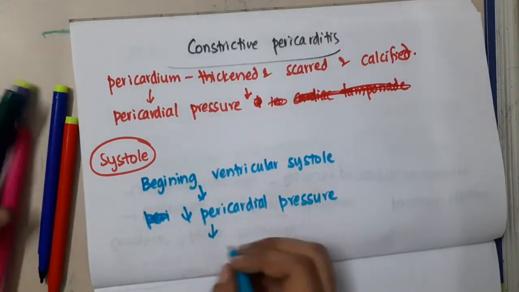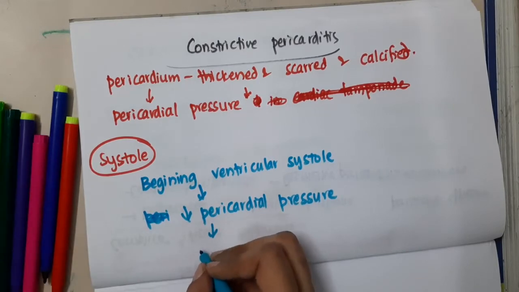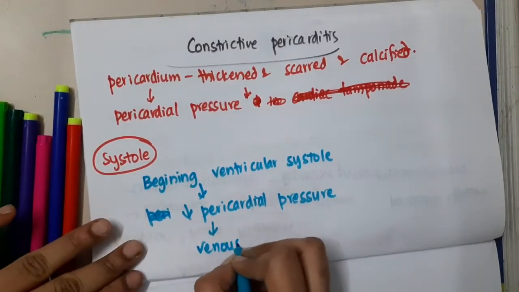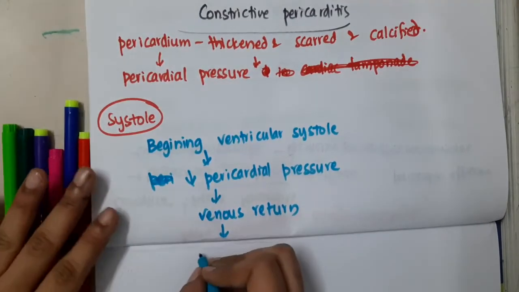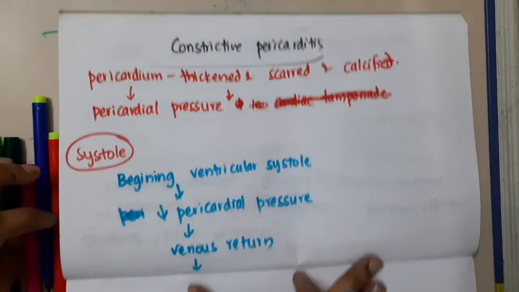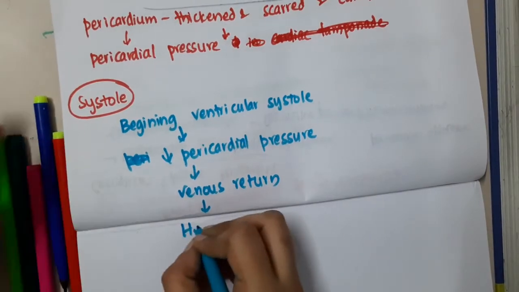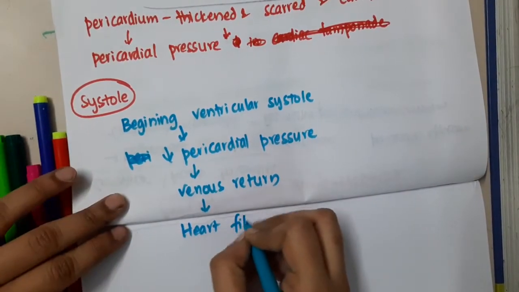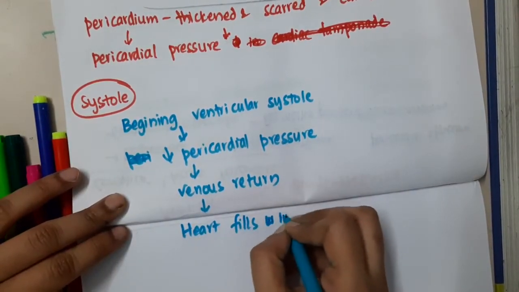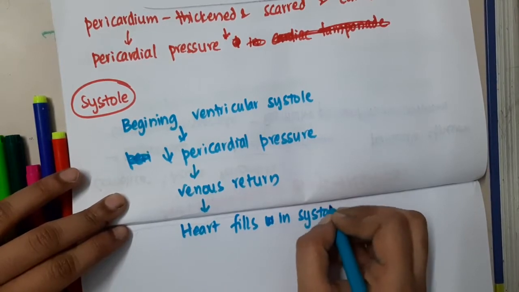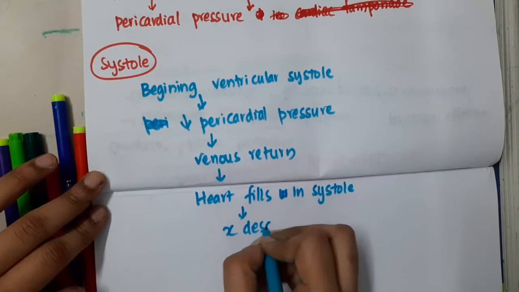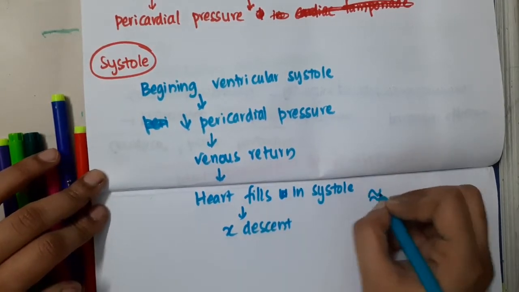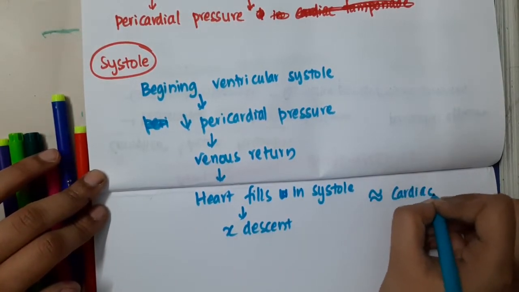Though there is decrease in pericardial pressure, you will see venous return will occur, and even the heart fills in systole. So as a result, you will see X descent. That is almost similar to cardiac tamponade.